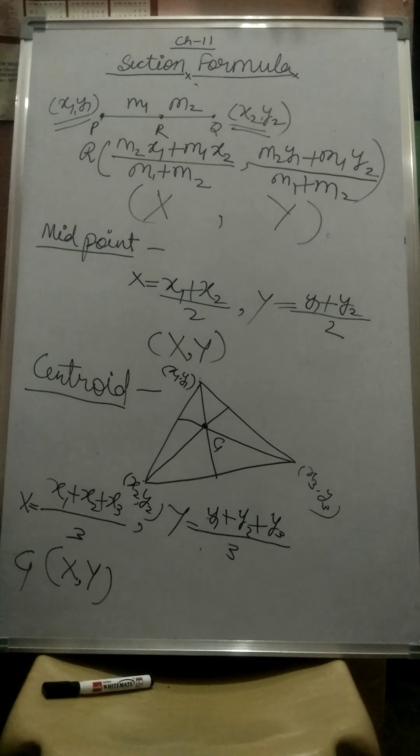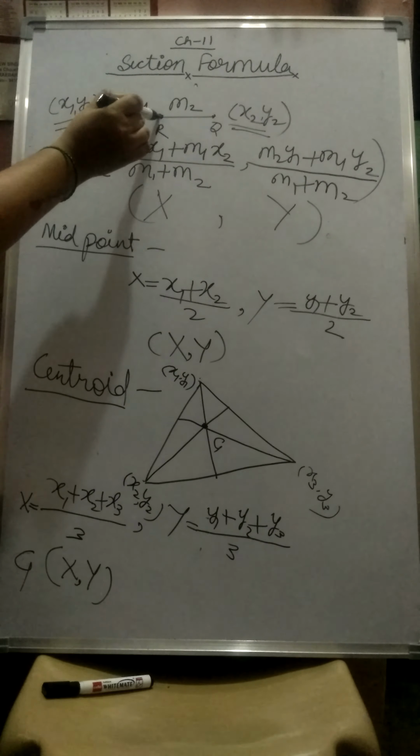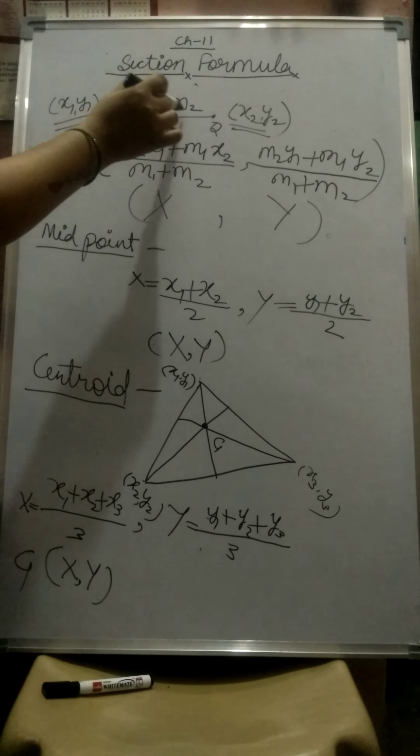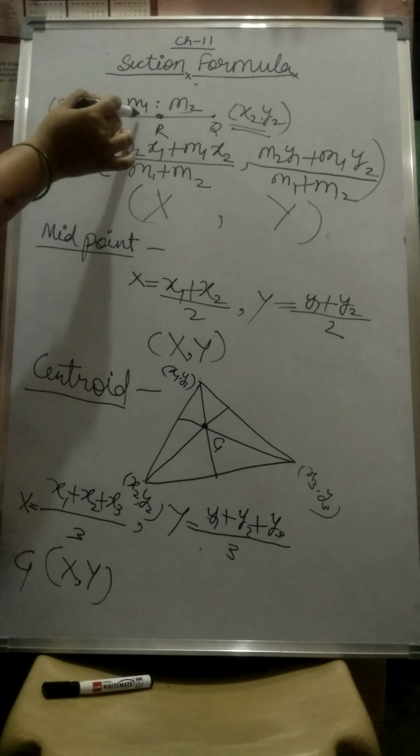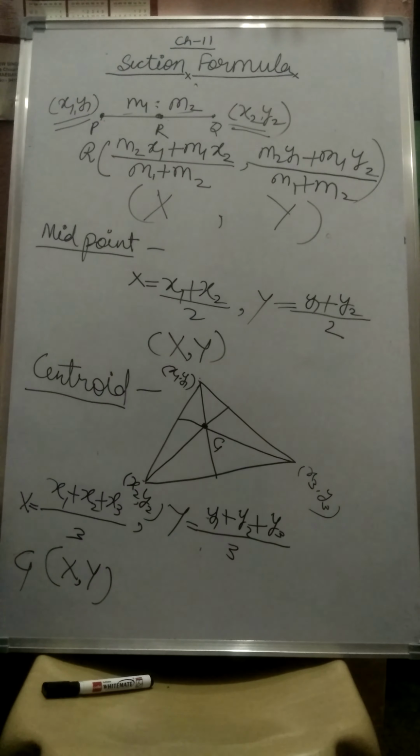We have the coordinates of the ends of the line, and we have to get the coordinates of the point which divides this line in the ratio m1 to m2. The first part is m1 and the second is m2.